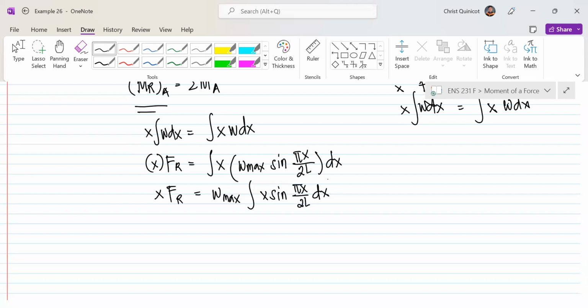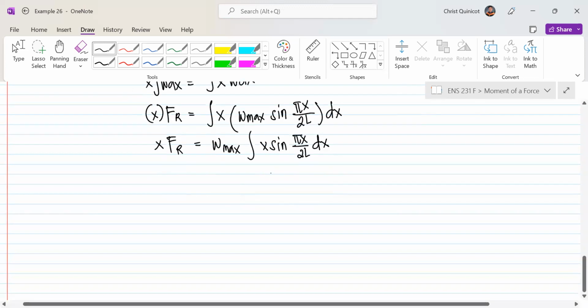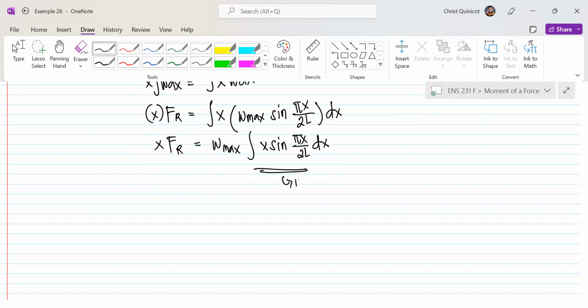By inspection, we will use integration by parts to solve this one, right? So, integration by parts.